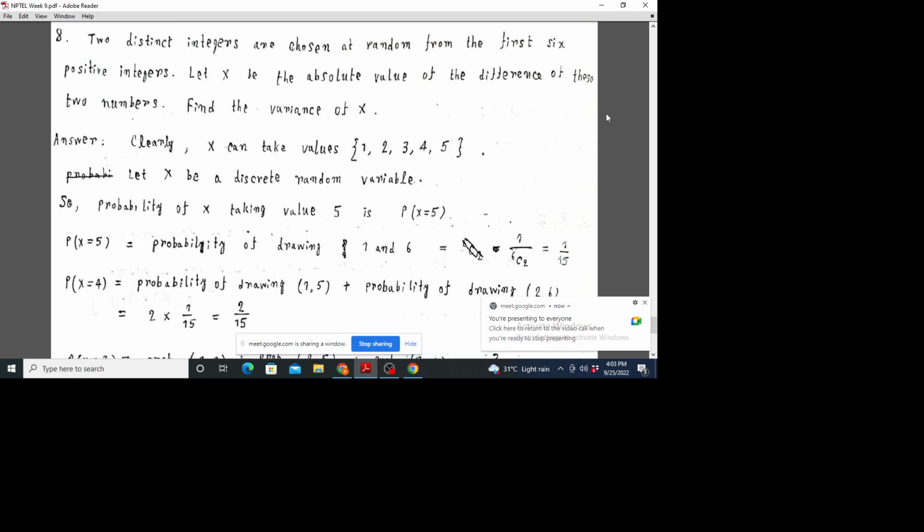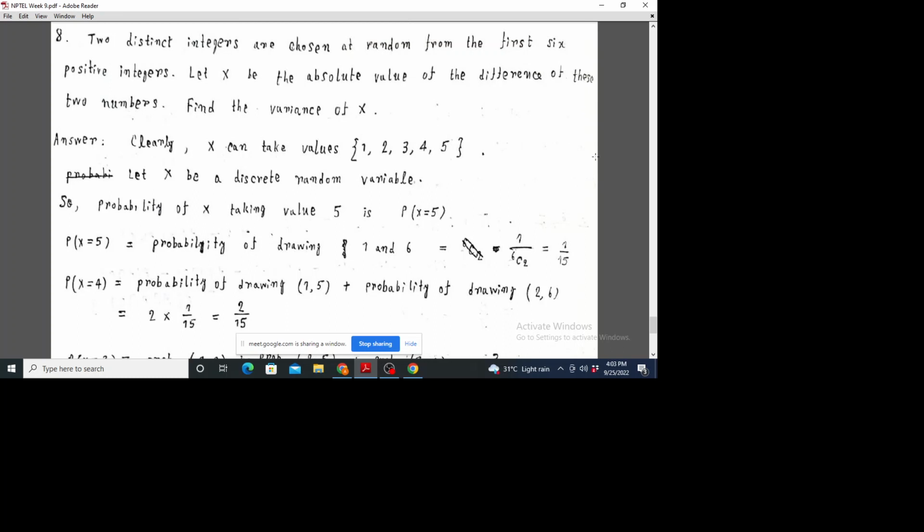So we will treat x as the discrete random variable. And what is x? X is the absolute value of the difference of the two numbers that were drawn. You have access to the first 6 integers, 1, 2, 3, 4, 5, 6. What are the values of x? Of course, it can take values 1, 2, 3, 4, 5.